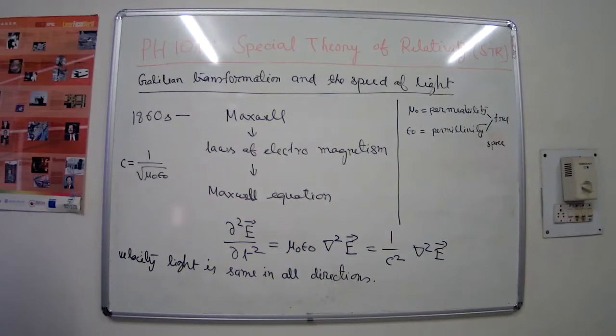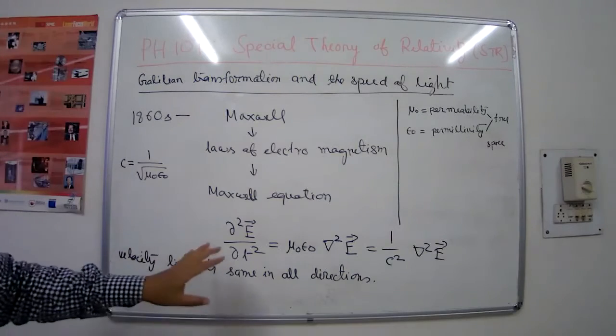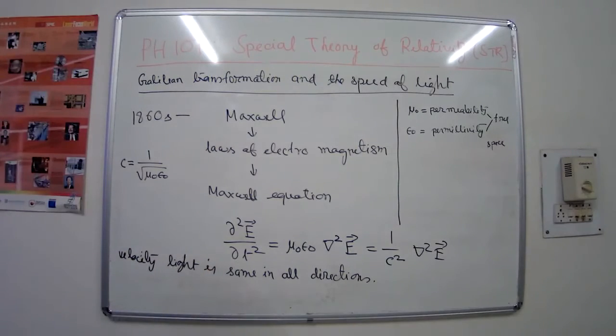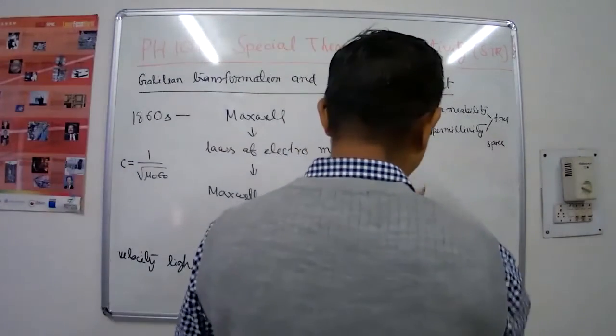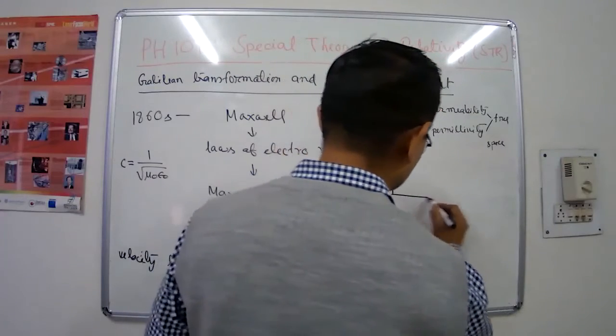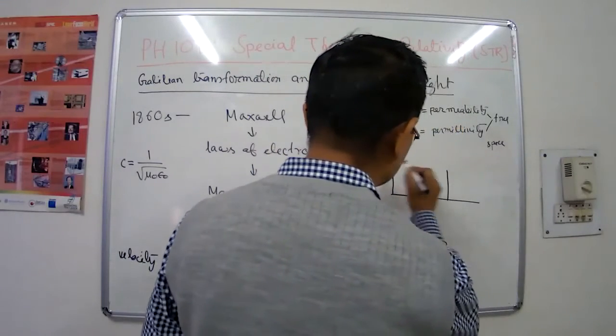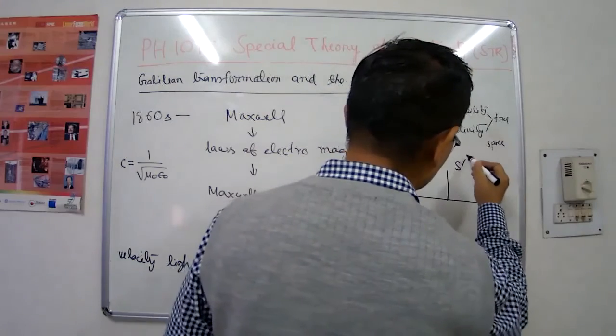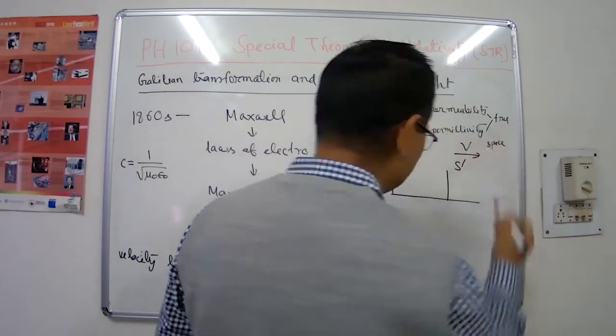That is according to Maxwell's equations, that the velocity should be the same in all directions, but whether it will be true under Galilean transformation is the question. Here comes one very important inconsistency of classical or Newtonian mechanics. If I again take the example of my frames of reference, S and S prime moving with a speed v.